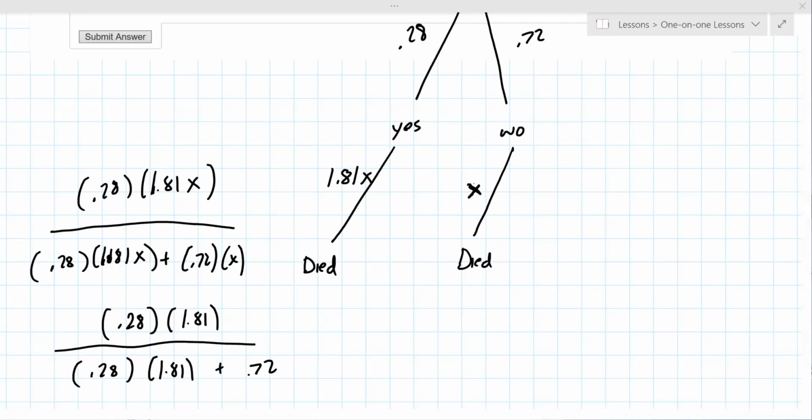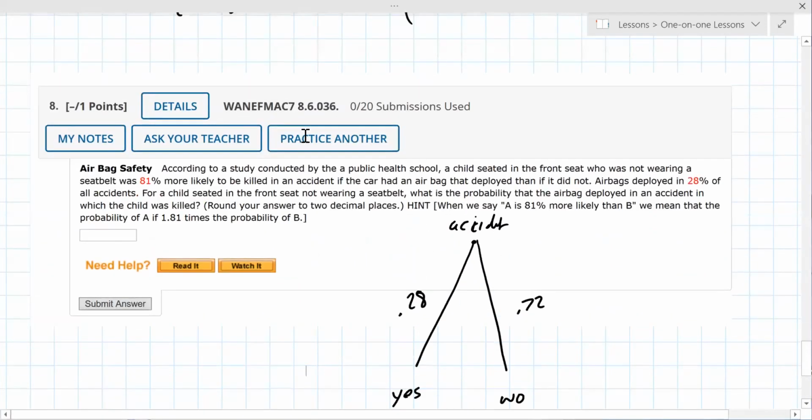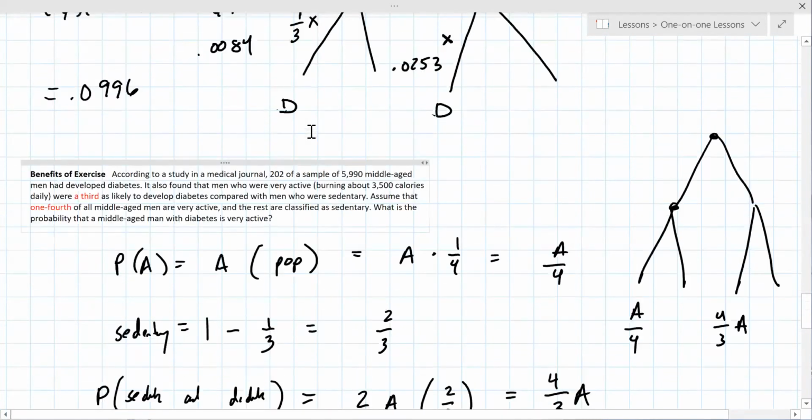All right, when I do that, I get 0.4131. So we'll try that. Okay, that did work. So let's look at the previous one and give it another shot here.